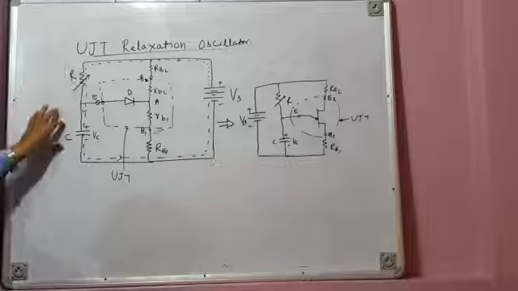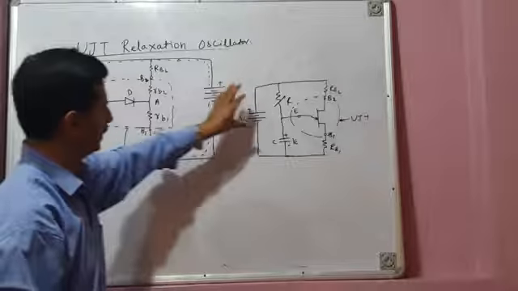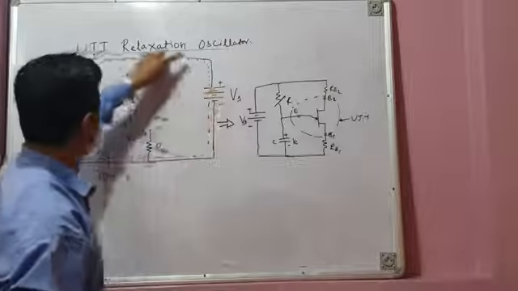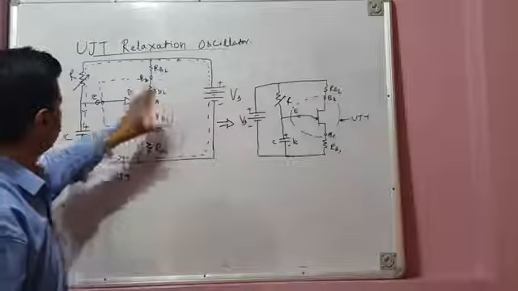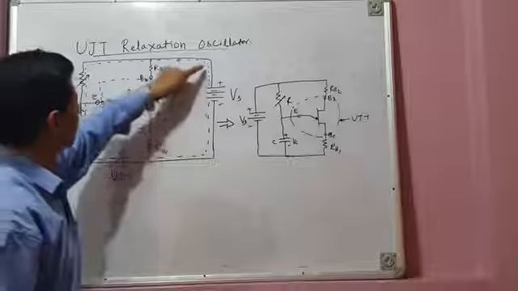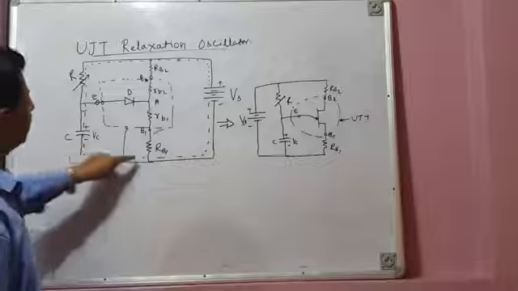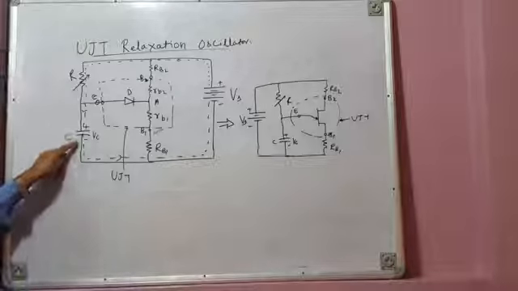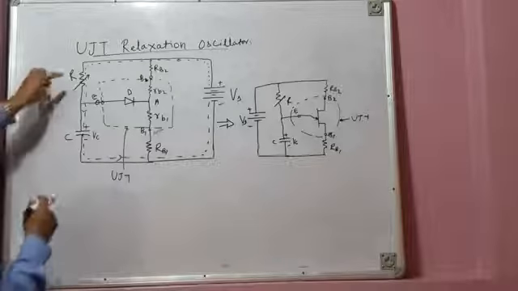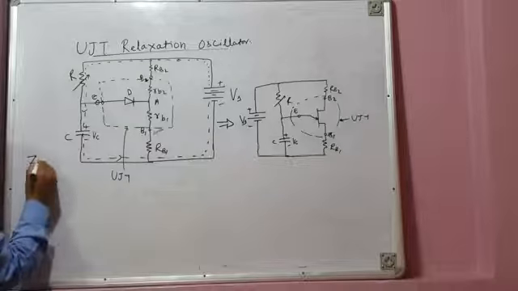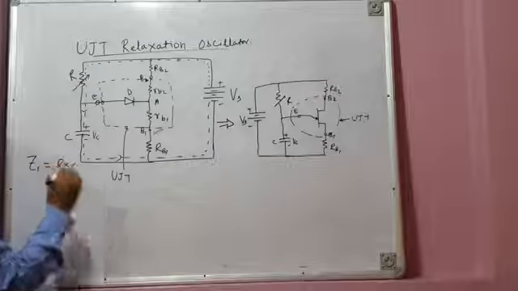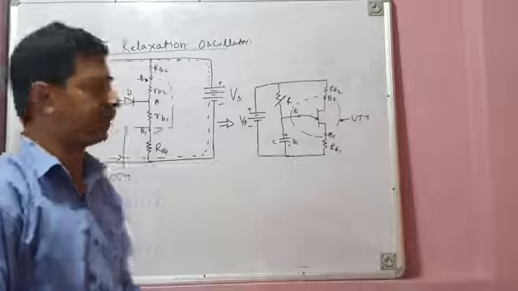R and C are directly connected across the DC source, as you can see from this diagram also, and because of this, a charging current will flow. This charging current will charge the capacitor. The rate at which this capacitor is charged depends upon the time constant RC. Let us call this tau 1, which is equal to R into C, the RC time constant.